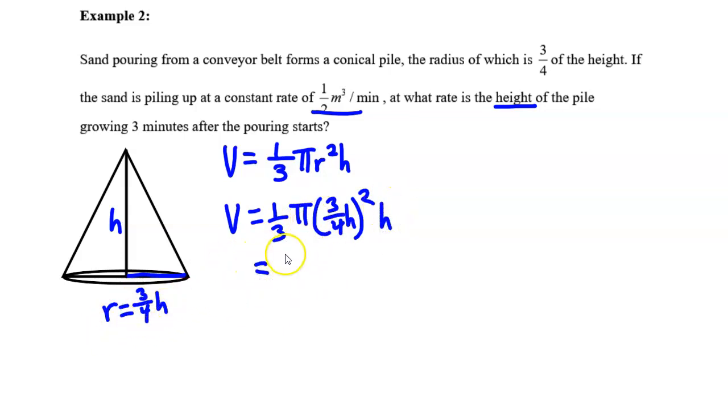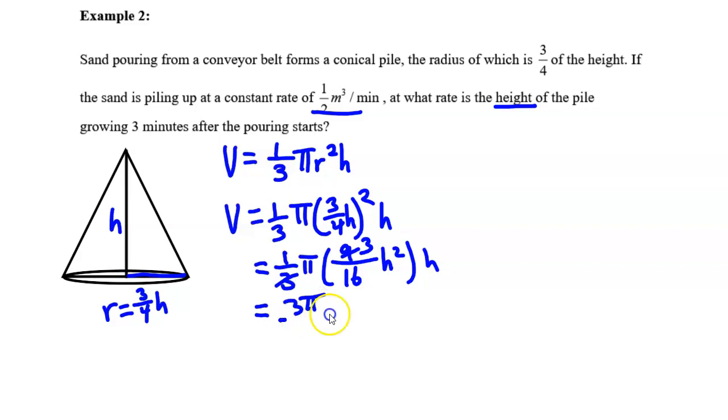When I expand this, I end up with 1/3 pi 9/16 h squared h. Simplifying that, 3 goes into itself once, 3 goes into 9 three times, so I'm at 3 pi over 16 h cubed.